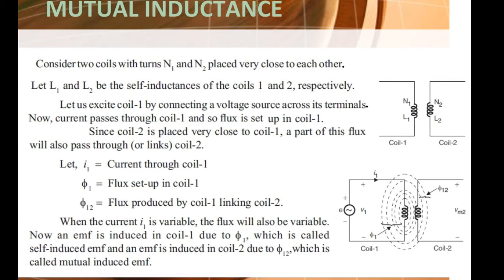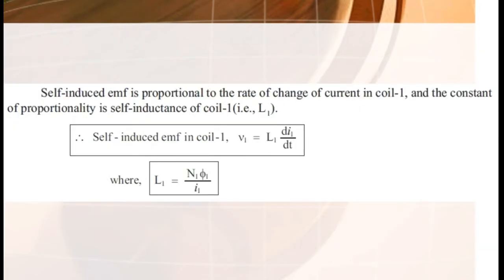Let the current in coil 1 be I1, the flux set up in coil 1 be phi 1, and the flux produced by coil 1 linking coil 2 be phi 12. When the current I1 is variable, the flux will also be variable. An EMF is induced in coil 1 due to phi 1, which is called self-induced EMF.